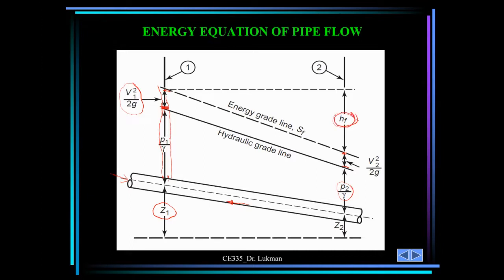But in practice, for most practical cases, you realize that head loss is not negligible, because of the viscous effects, the shear stress or the friction. That's why here we call it head loss due to friction.